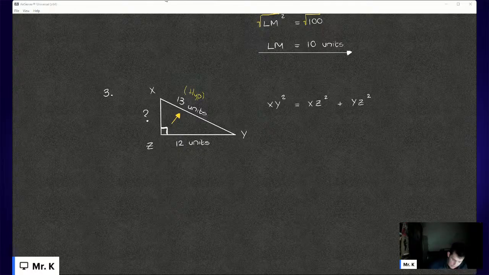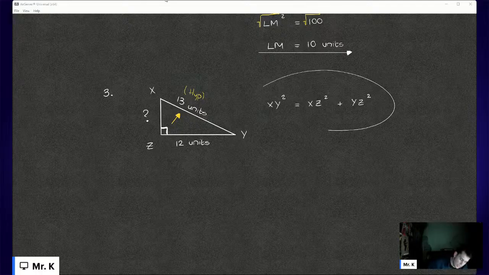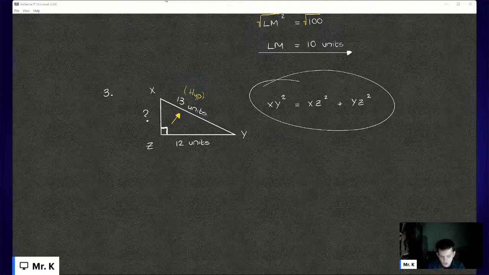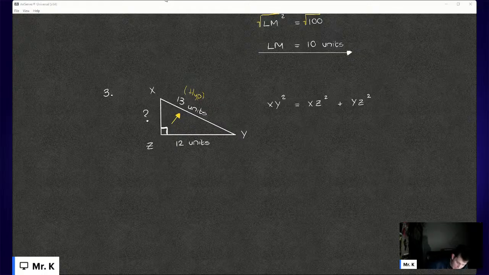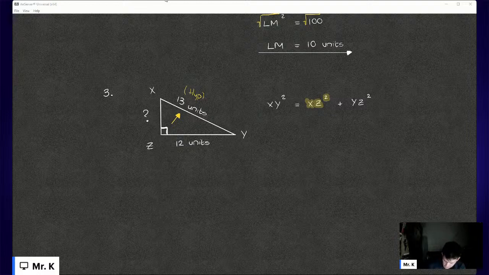Okay. Now, in this case, you have 2 options. You may either reorganize this first, or you substitute in your values and reorganize later on. I'm going to do one example of each. In this case, we are looking for the side XZ squared. So to get that on its own, I would need to move YZ squared over to this side, right?